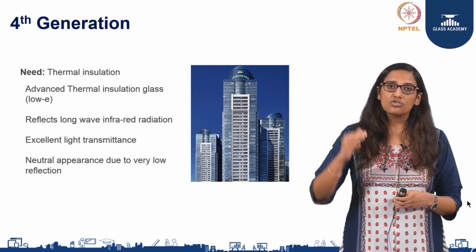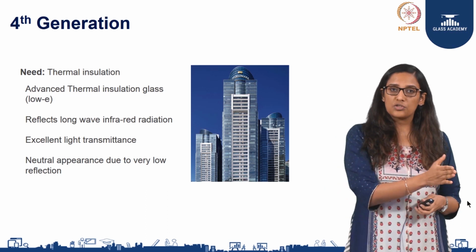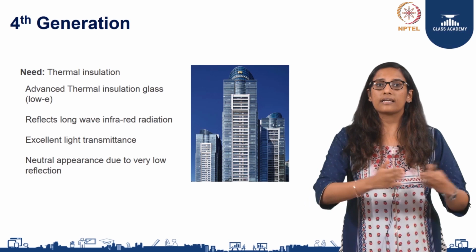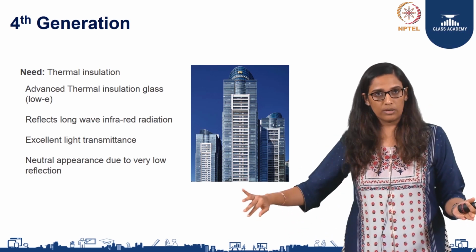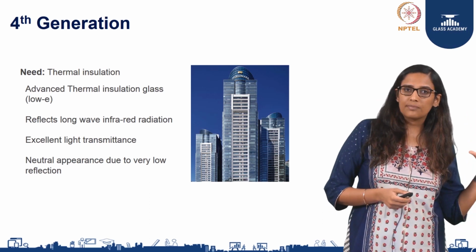This glass also improves significantly on the spectral selectivity, like I was talking to you. And of course, what spectral selectivity means is that it can let in way more light and cut out more amount of heat. This glass also has slightly neutral appearance.